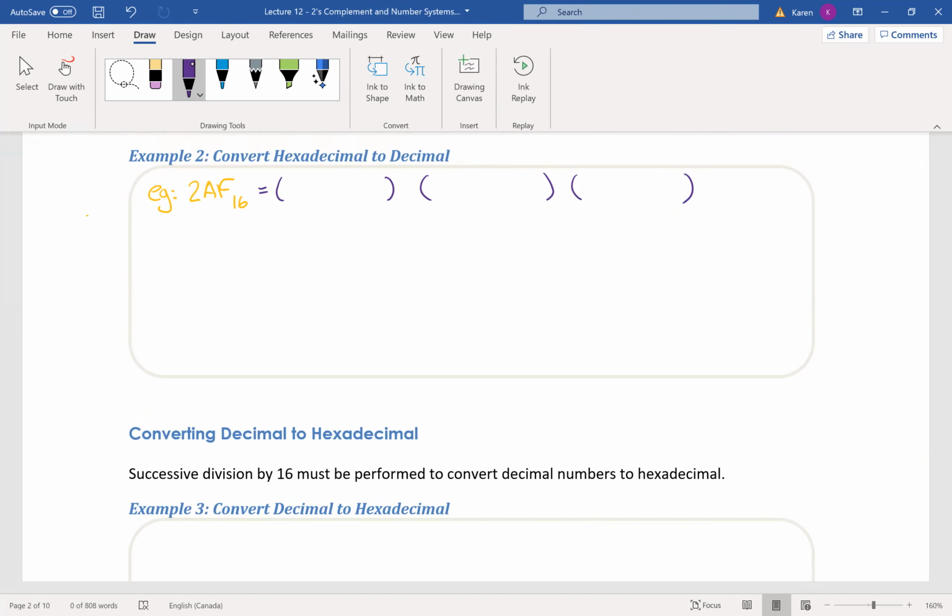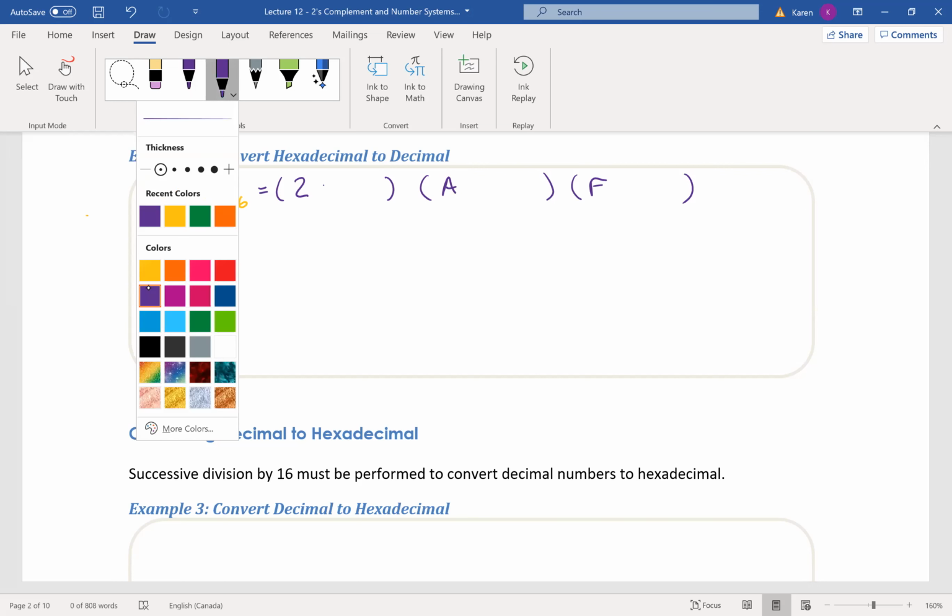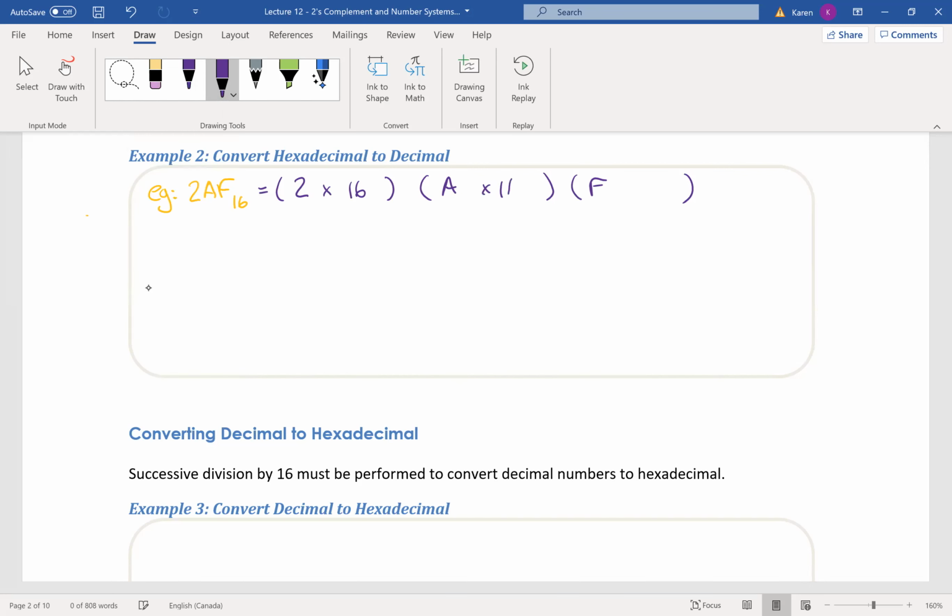The digits are 2, A, and F. So that would be times 16, times 16, times 16, and the exponents are going to be 0, 1, 2, and those should be added together.